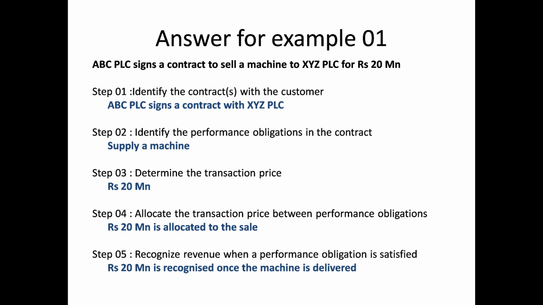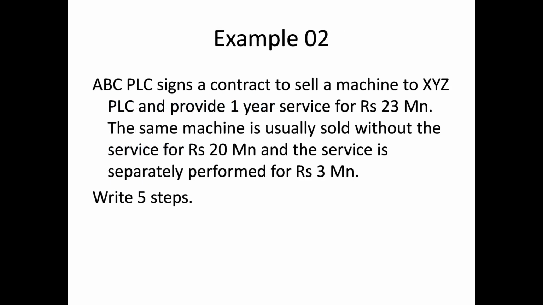Now we are going to do another example. Example 2. ABC PLC signs a contract to sell a machine to XYZ PLC and provide 1 year service for 23 million rupees. Now in this question, ABC PLC has promised to do 2 things.